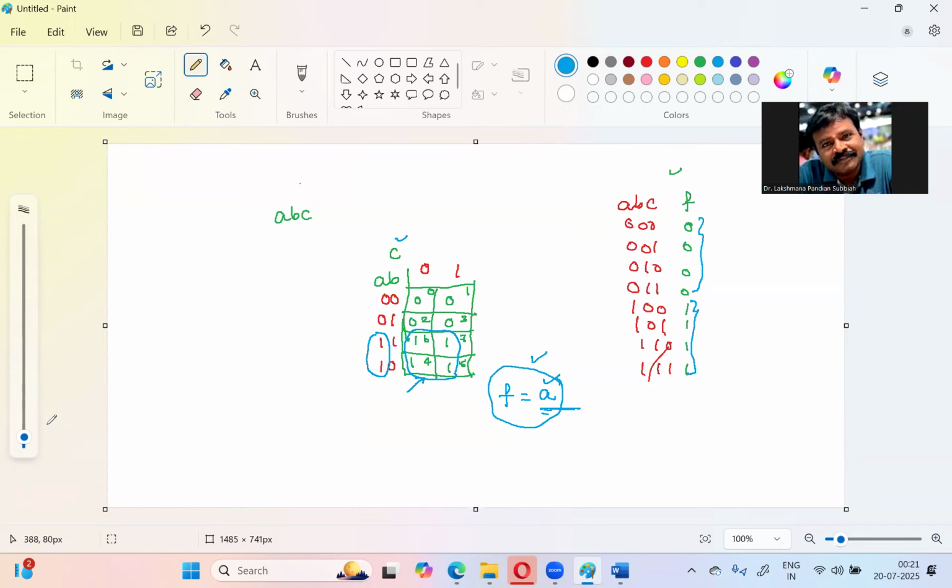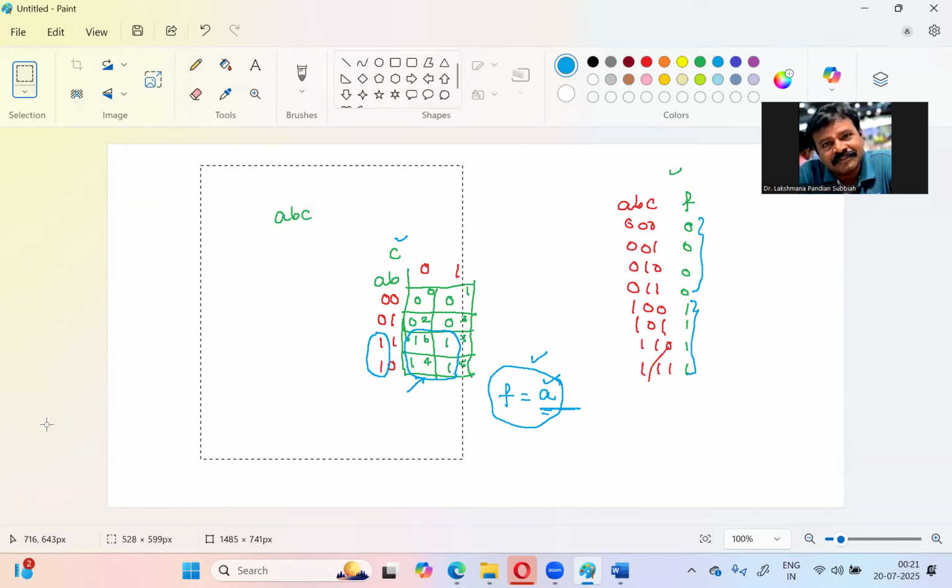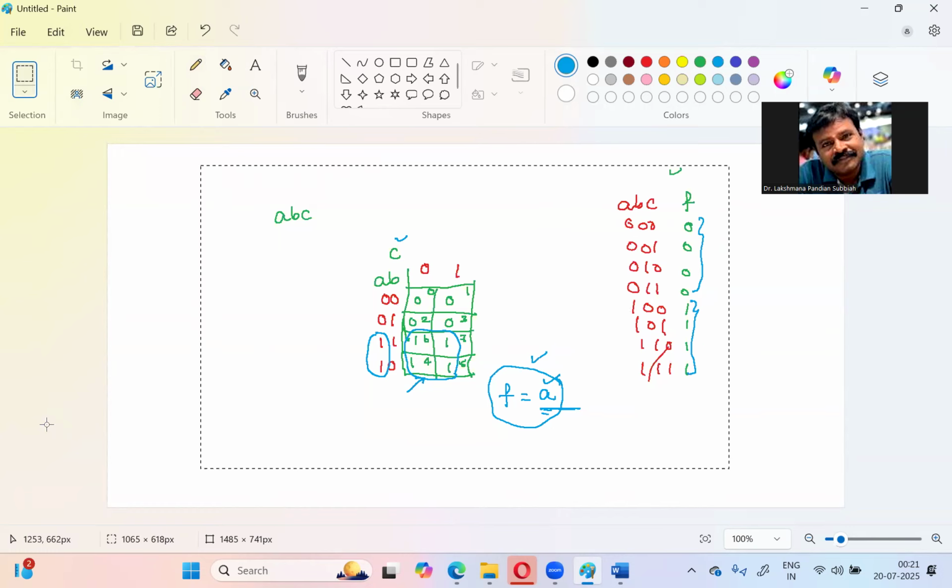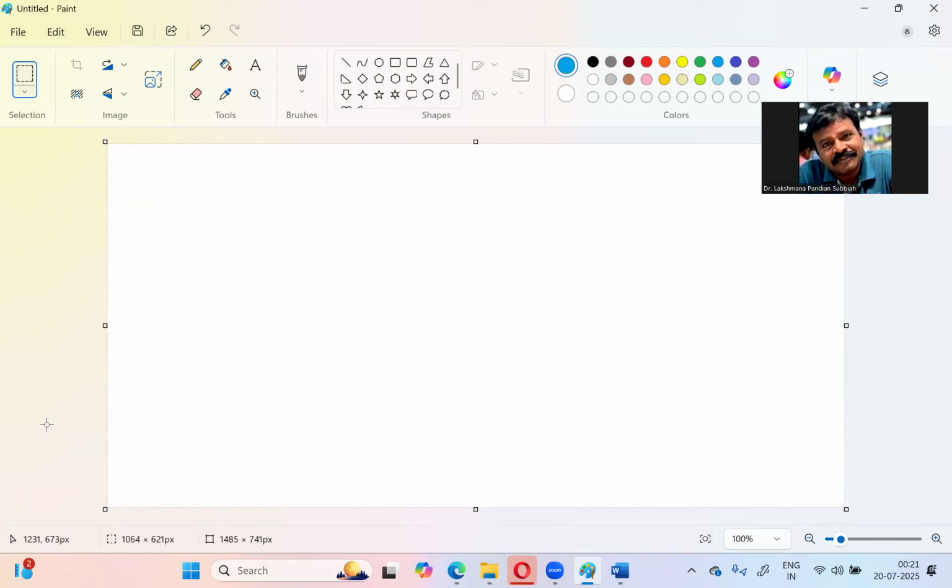Now if you have 4 variables, A, B, C, D, then how do you draw the Karnaugh map? AB in row, CD in column.